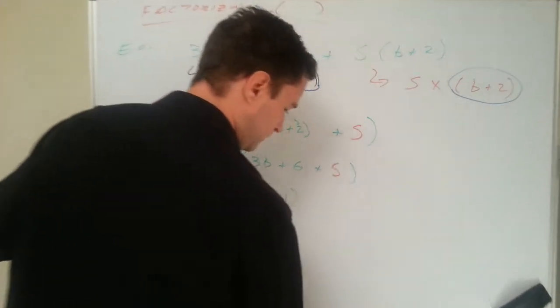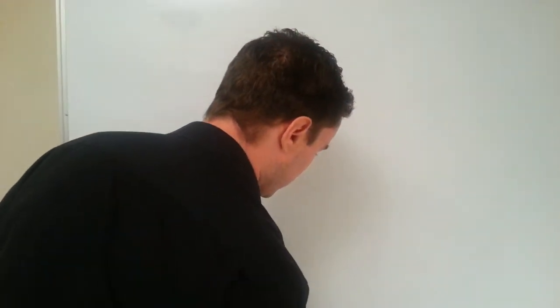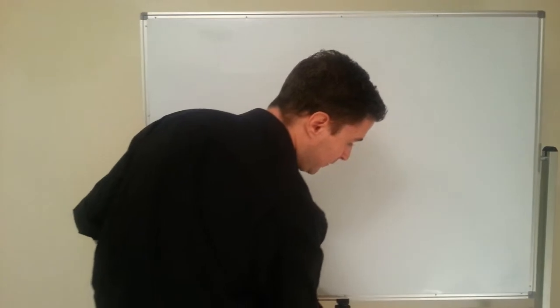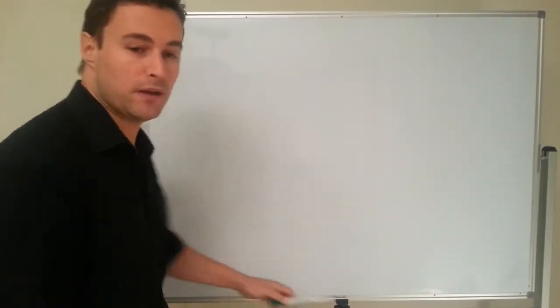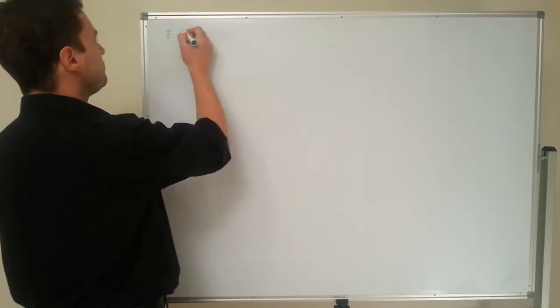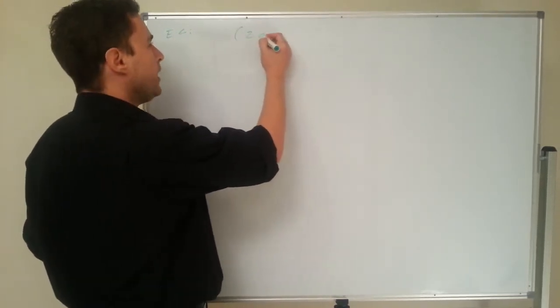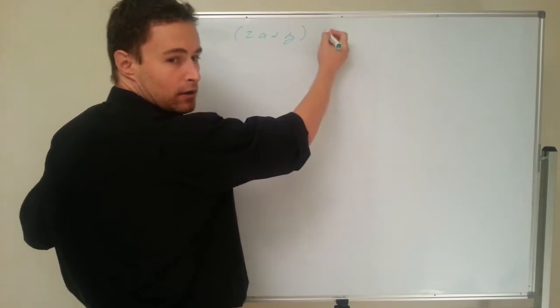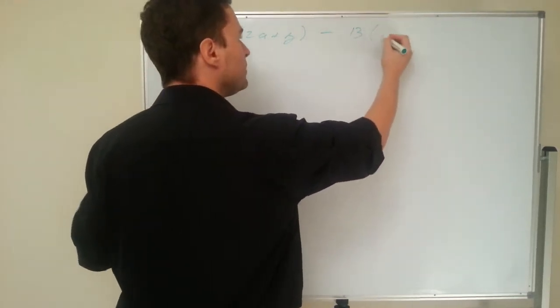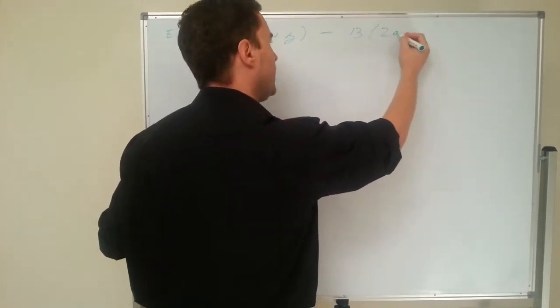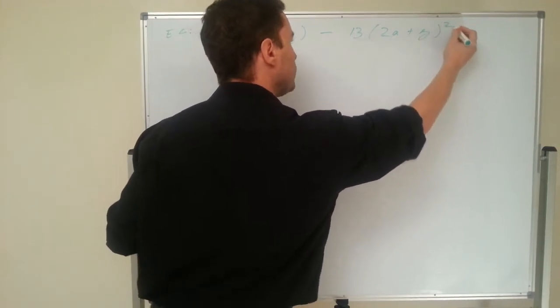Okay, so let's take a look at another example, last example, and then that's it for factorizing our common factors. So this one, e.g. 2a plus y minus 13 times by 2a plus y squared.